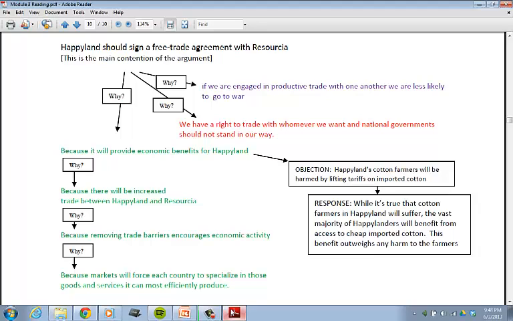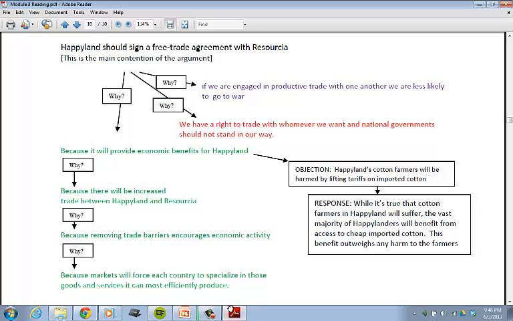Well, only really the green one is. The other two are just assertions or reasons in support of the main contention. The green argument here is sort of a sub-argument. So in the sub-argument, the contention is that free trade agreements will provide economic benefits, and there are reasons given for that. So this is the most developed part of the argument, the most properly articulated.